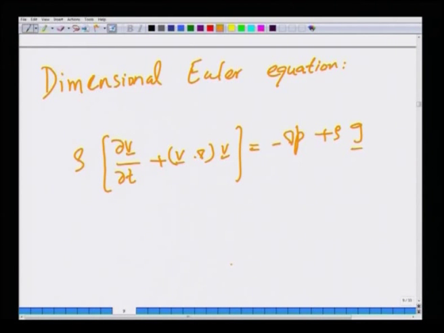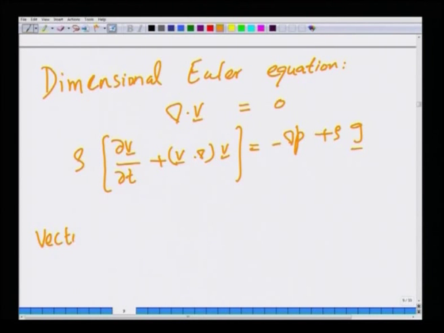Now, I want to further simplify or rewrite this equation. Of course, we also have the continuity equation, or the mass conservation equation, for an incompressible fluid, which is that the divergence of the velocity vector is 0. We will use a vector identity to rewrite this equation.